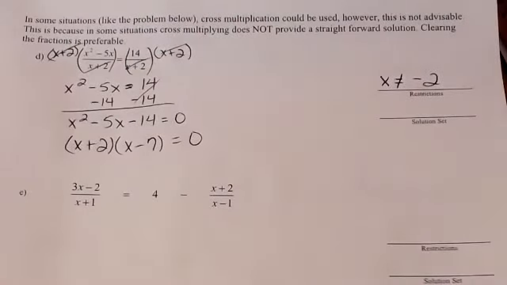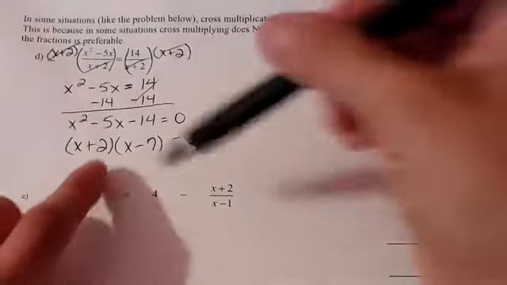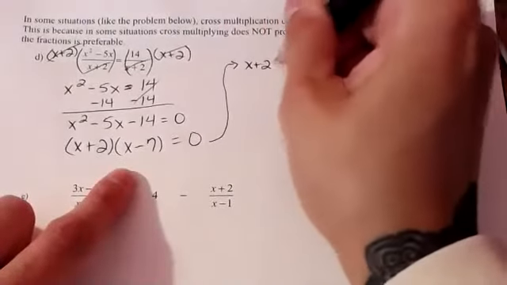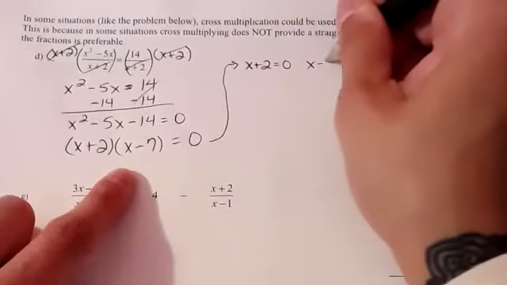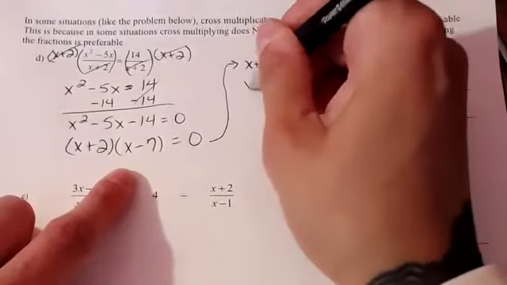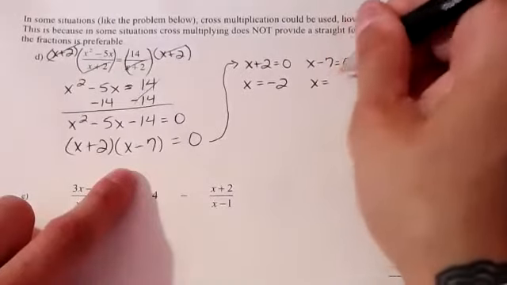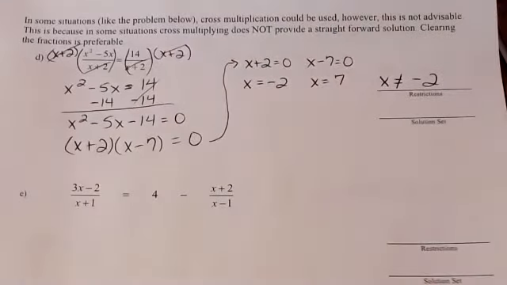This is just trial and error. So what are factors of negative 14 that combine to give you a negative 5? And that's going to be the negative 7 and the 2. When we continue this, we say, well, if x plus 2 is equal to 0 and x minus 7 equals 0, well, for this first one, I get that x is negative 2, and for the second one, I get that x is positive 7.